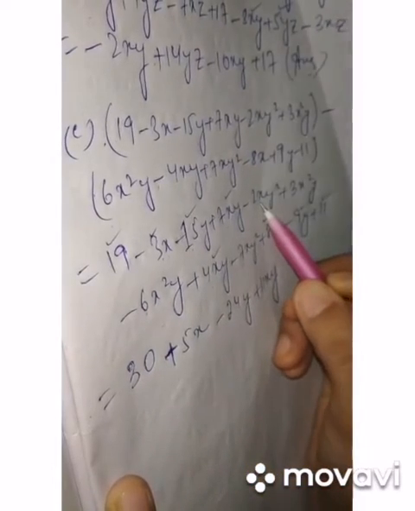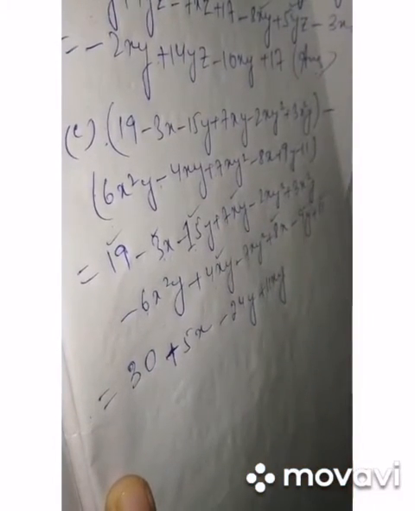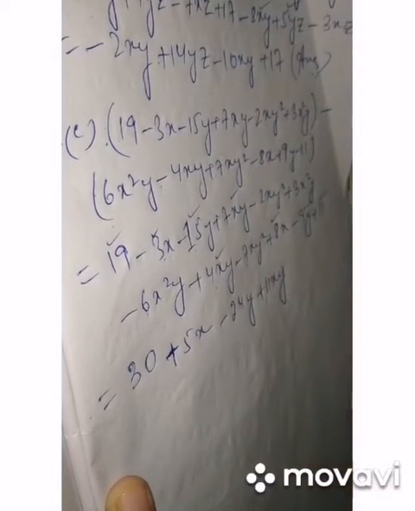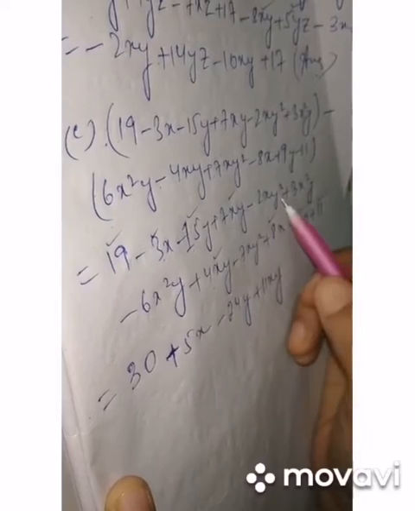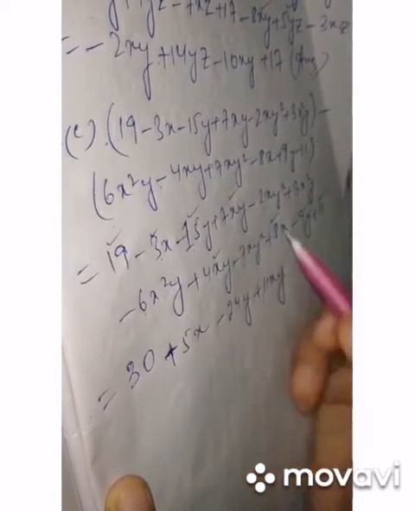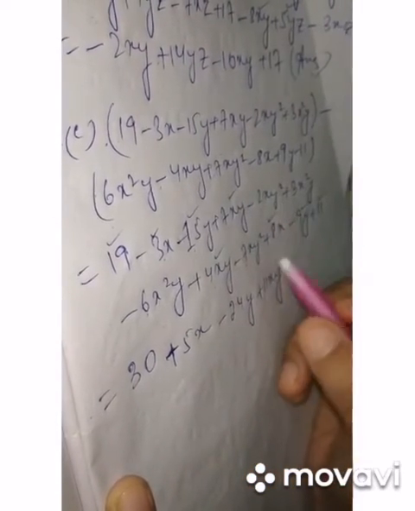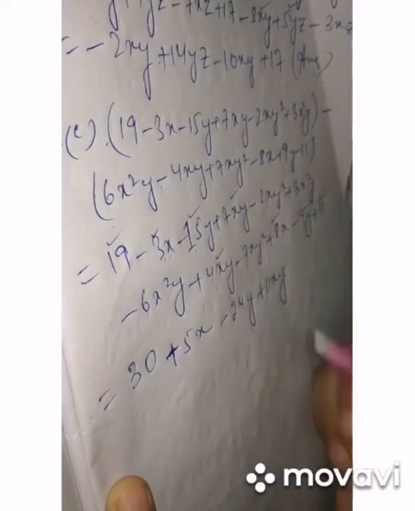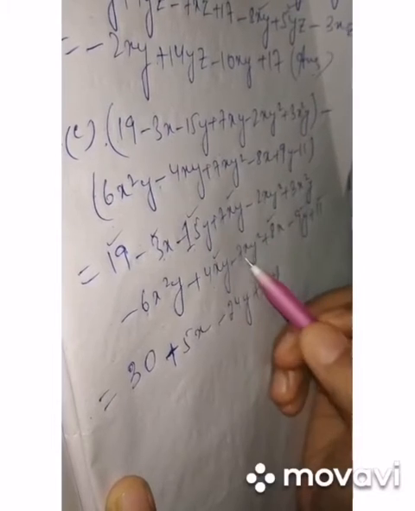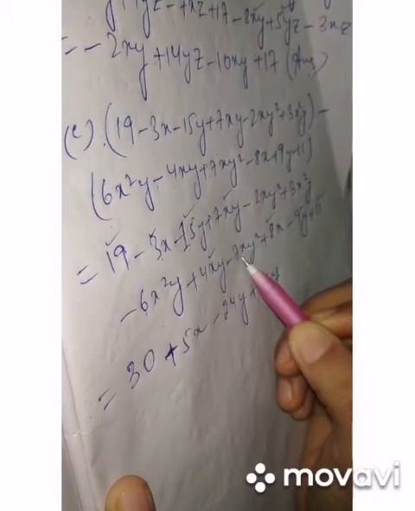If it is xy square, there should be xy square, then only we will add or subtract. So minus 2xy square minus 7xy square.